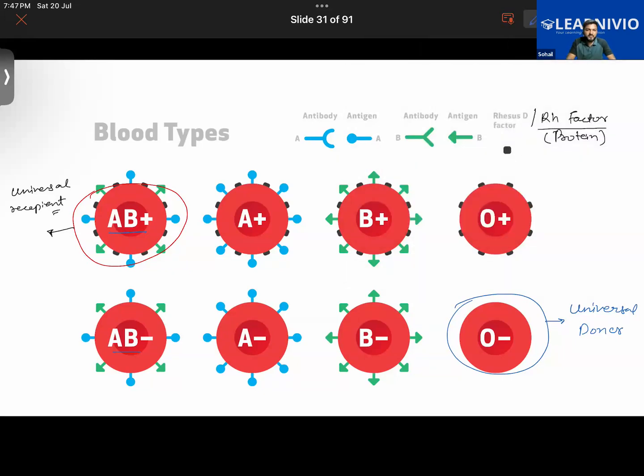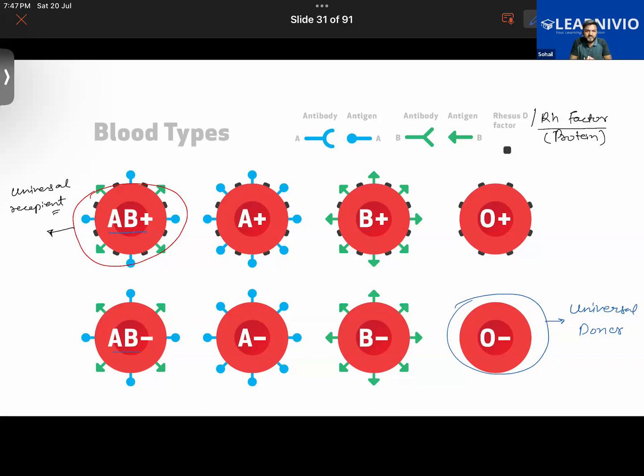Now there's one more thing I wanted to say, that the AB negative blood group is said to be very rare. Very few people have the AB negative blood group. It differs from country to country. For example, in the United States of America, less than 4% of the population have AB negative blood group. In India also, we have seen that fewer people have AB negative blood group.